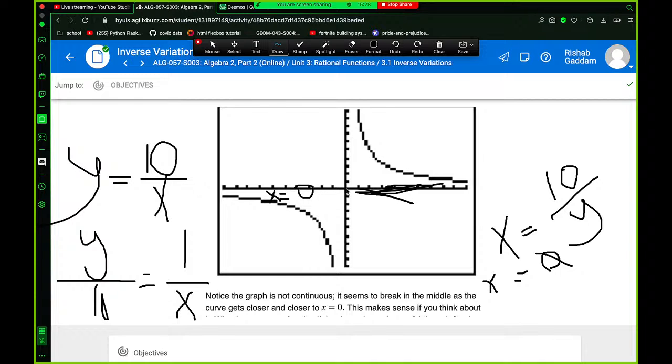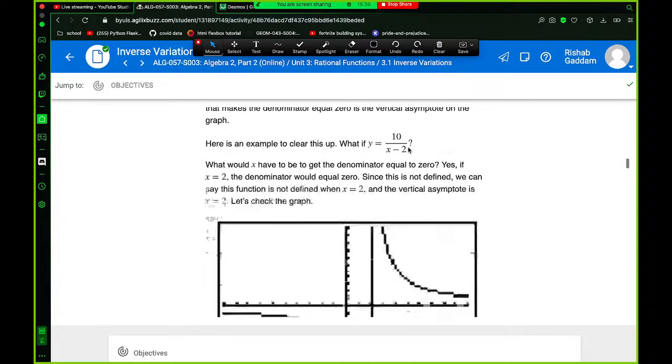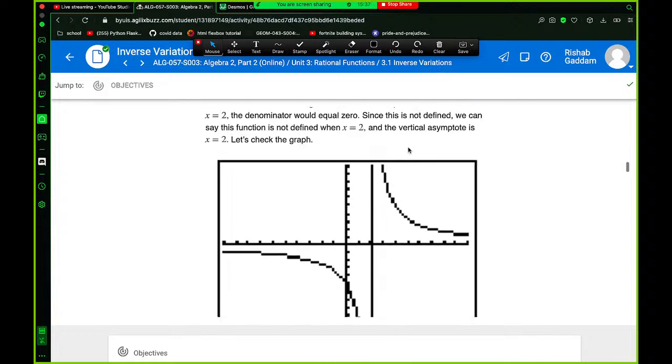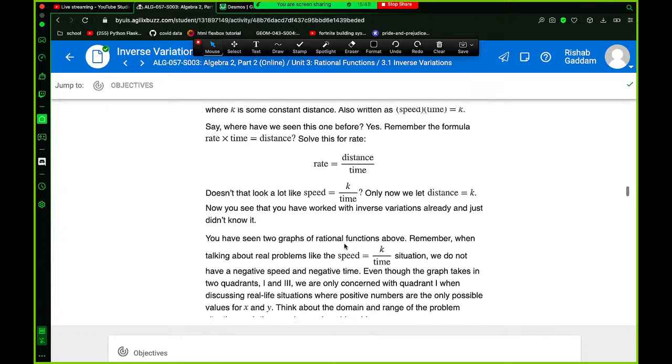That's why there's asymptotes for this. Let's just clear the screen. And this just shows how you can translate and move the graph over on the x-axis and the y-axis.